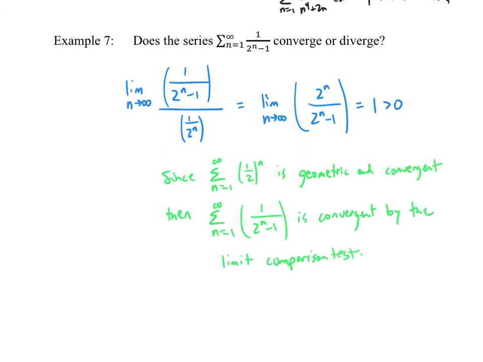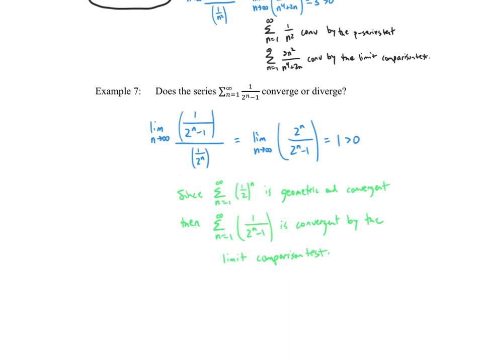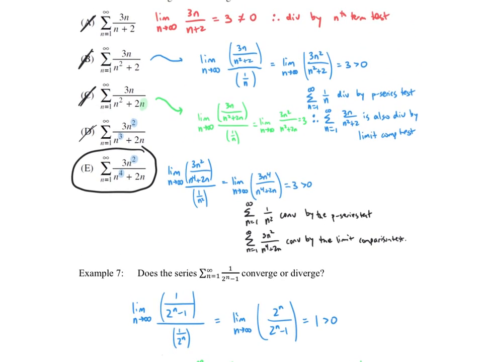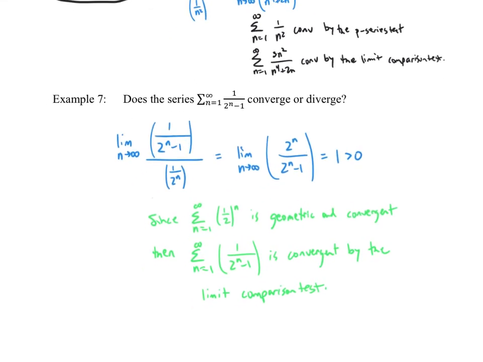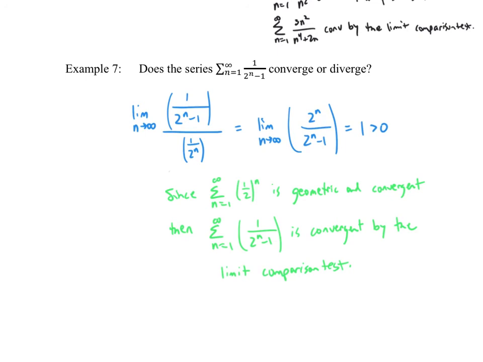So I hope that makes some sense. That's just an example of how, compared to the problem above with the rational function where we're looking at the degree of the polynomials, this one's a little bit of a twist on that, and we're obviously utilizing test number 2, the geometric series test, in order to pair it with the limit comparison test. Okay, let's go on to the next page.